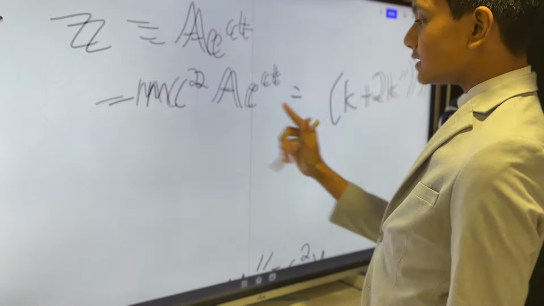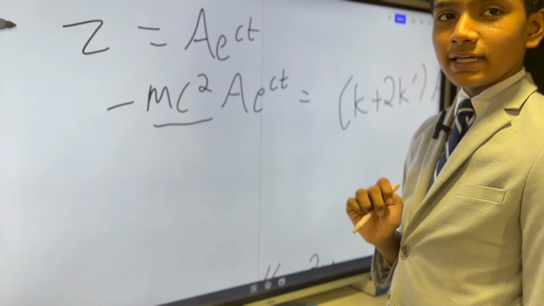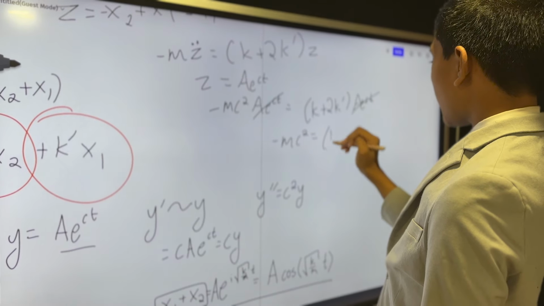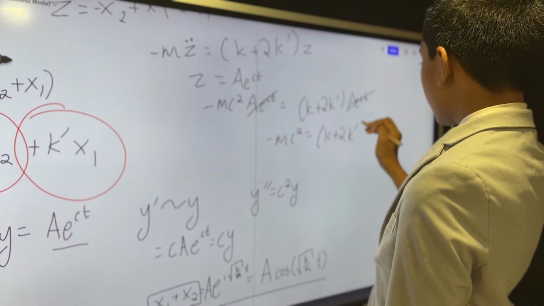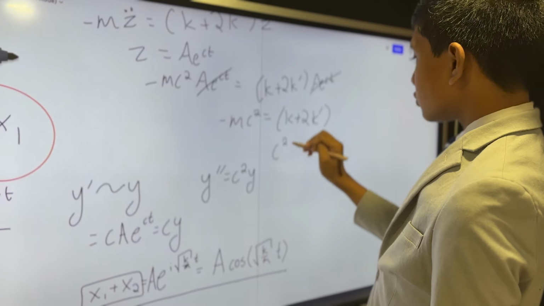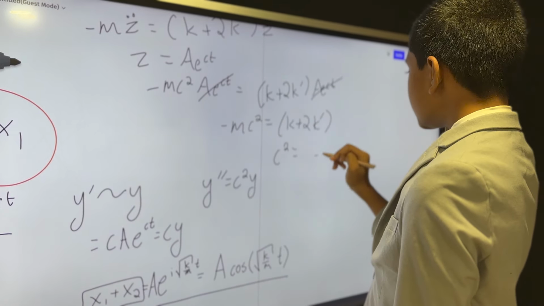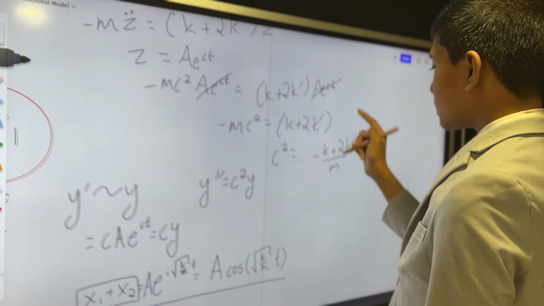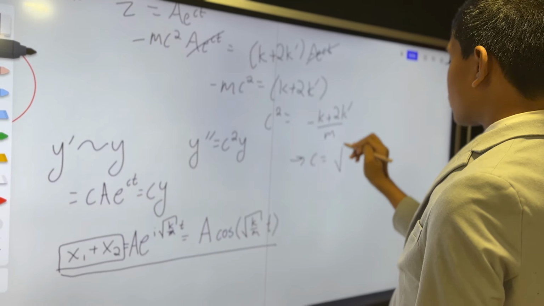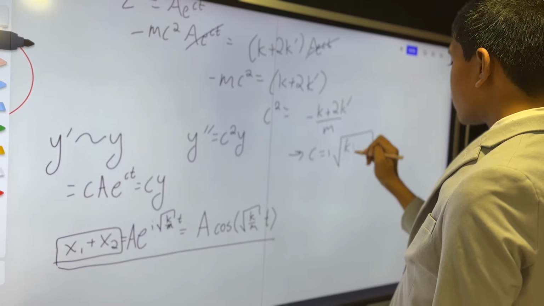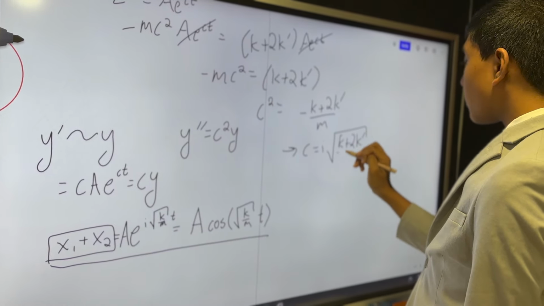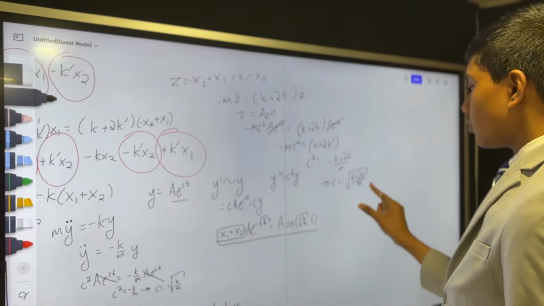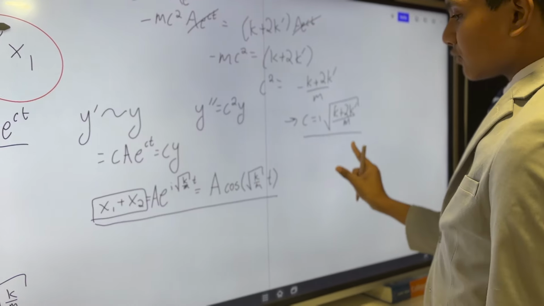And as you can see, we get minus m c squared is equal to k plus 2k prime, meaning that c squared is equal to minus k plus 2k prime over m, or c is equal to i times the square root of k plus 2k prime over m.